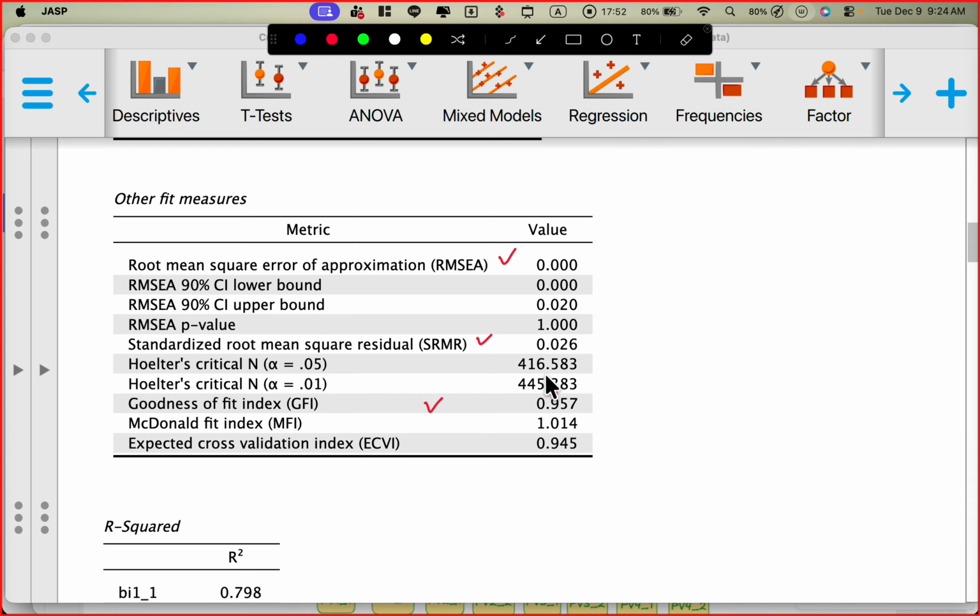Based on my explanation, if the confidence interval includes 0, it means not significant. So, significant or not? Does this interval contain 0 or not? Yeah, it contains 0.